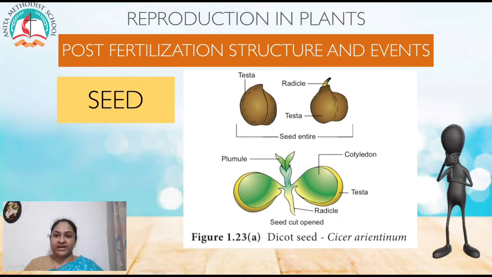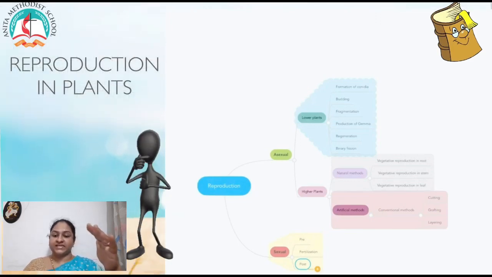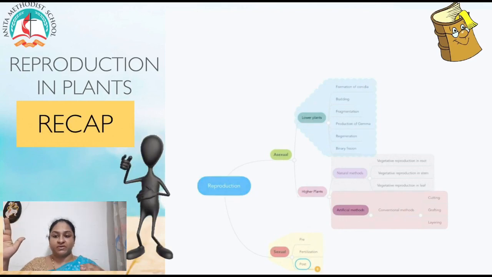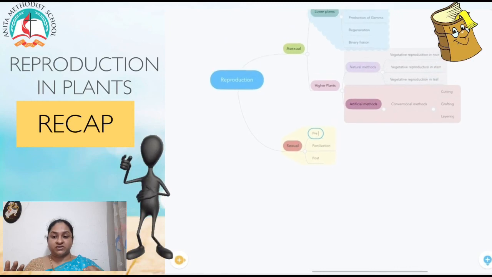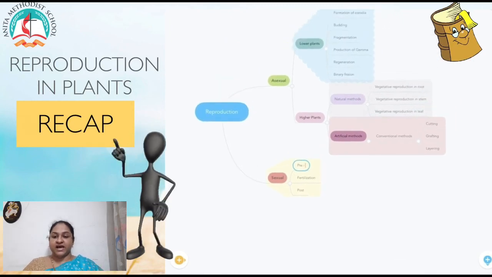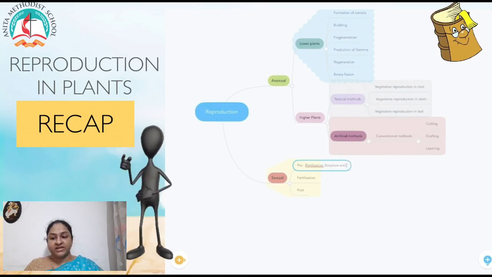So, a quick recap of all that we learned today. Reproduction: asexual, sexual. Under asexual, in lower plants, we learnt about the formation of conidia, budding, fragmentation, production of gemma, regeneration and binary fission. And under higher plants, we had natural methods and artificial methods. Natural methods: vegetative reproduction in root, stem and leaf.